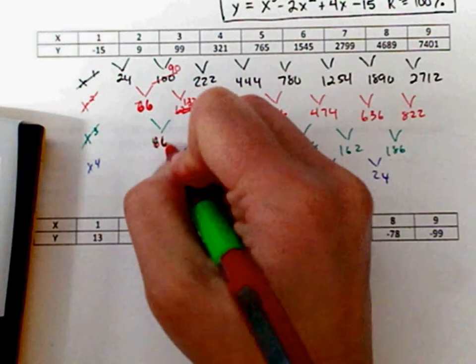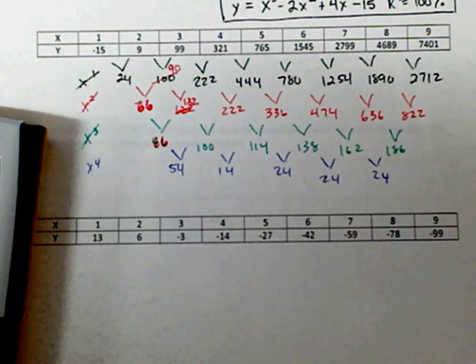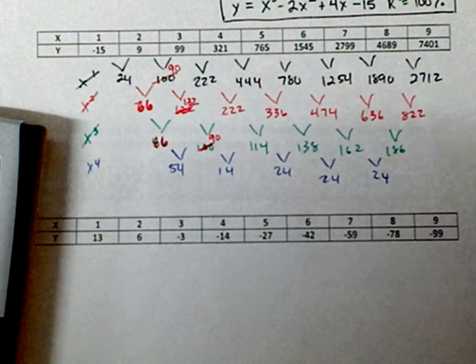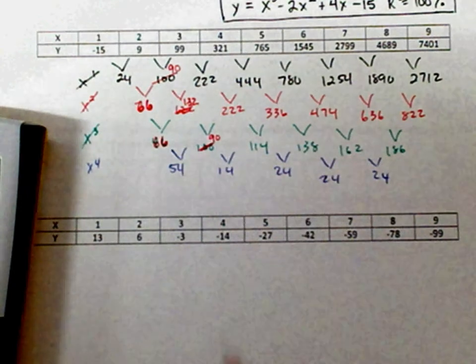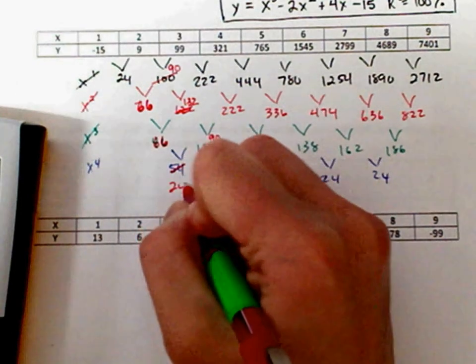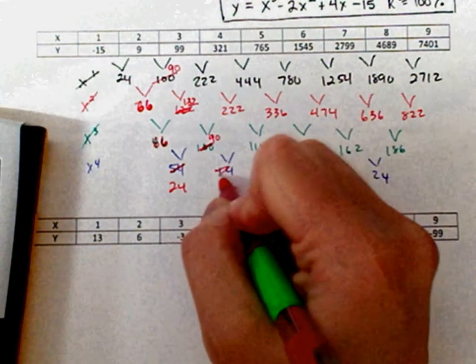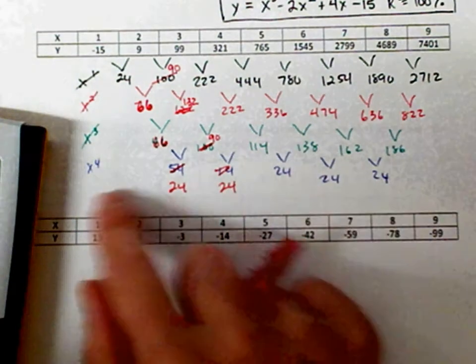And 222 minus 132 is 90. You see it right there? And then 90 minus 66 is 24. And then 114 minus 90 is 24. Now, I have corrected. So what is it? It is a quartic. Okay?